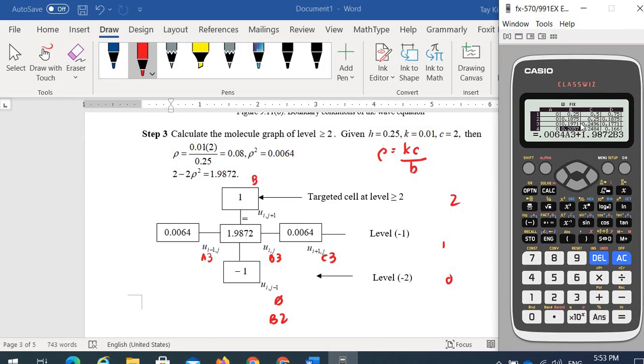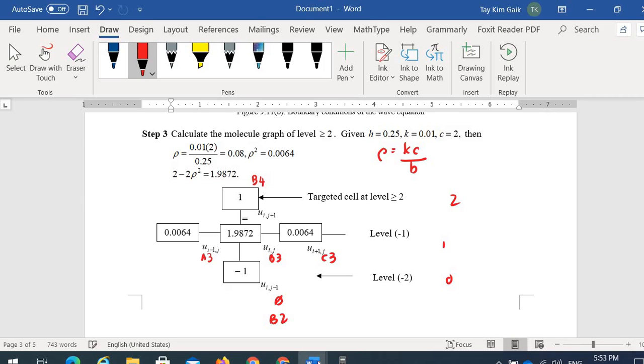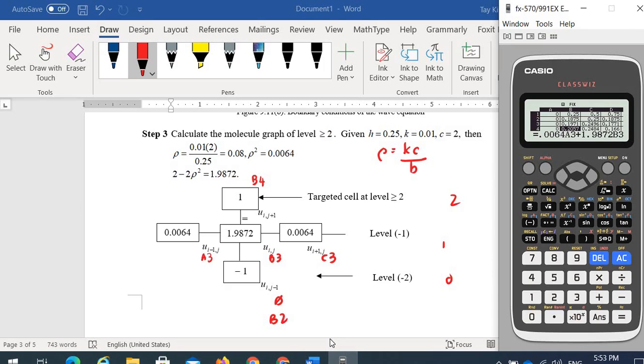I'm standing at cell B4. Left will be A, center is B, right is C. Because the spreadsheet goes from top to bottom, the bottom level is actually the previous level, which is at row 3. So this is A3, B3, C3. This is the same column, so B2.